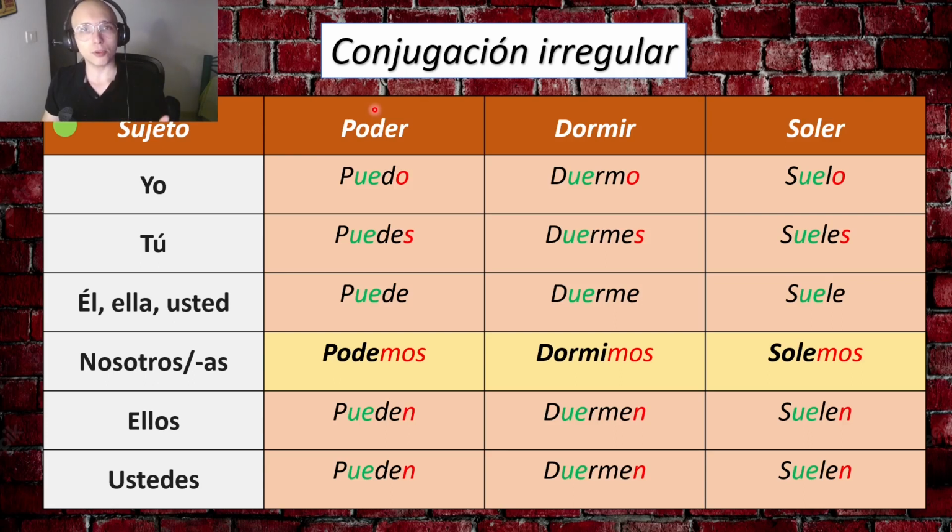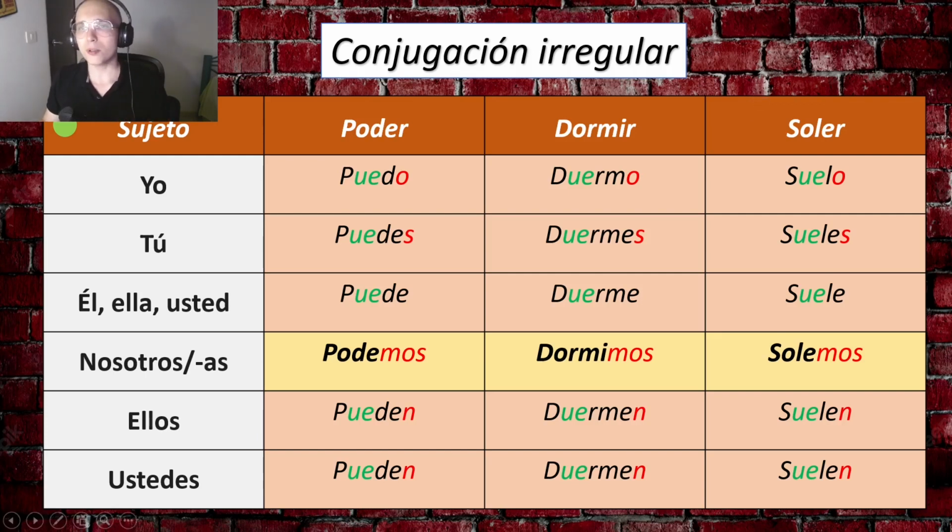Or I can drink, yo puedo beber. Or I can go, yo puedo ir. The same happens with the verb soler. When we say I usually eat, yo suelo comer. I usually drink, yo suelo beber. Or I usually go, yo suelo ir.